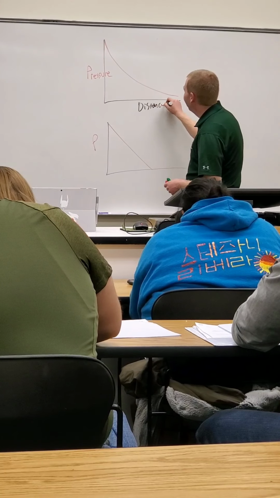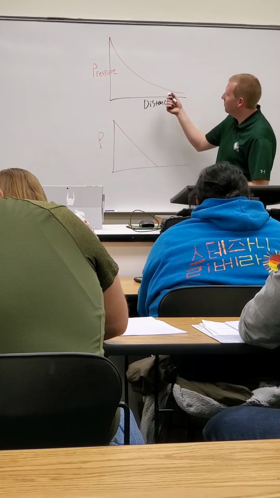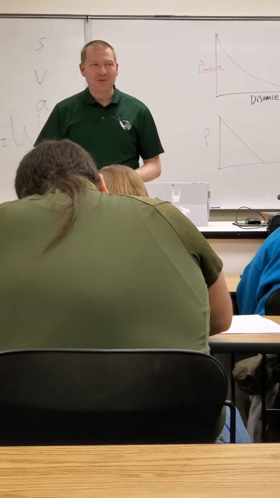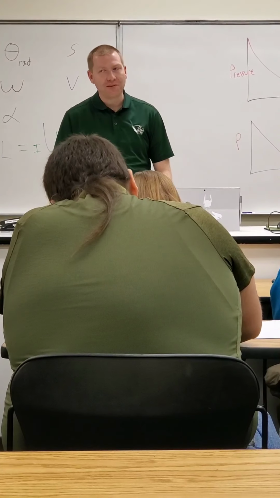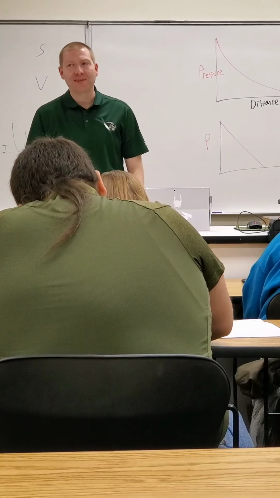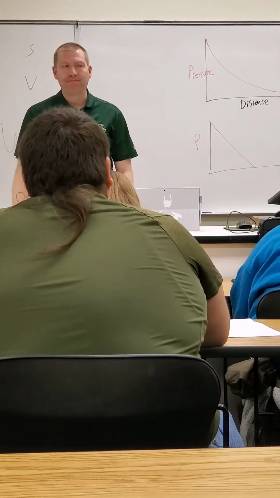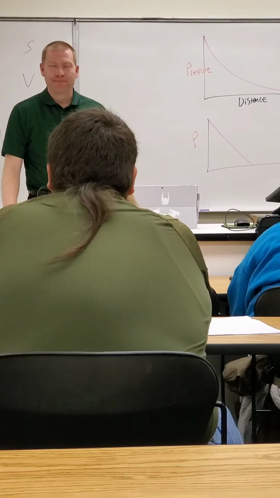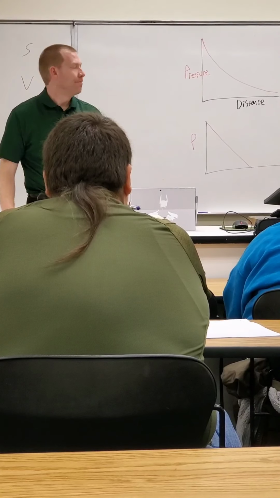Basically, when you climb Mount Everest, as you get higher, the pressure decreases and the density decreases. When you go in the ocean, as you go down, the pressure increases and the density stays the same. The air is not linear, it's exponential, and the water is linear.